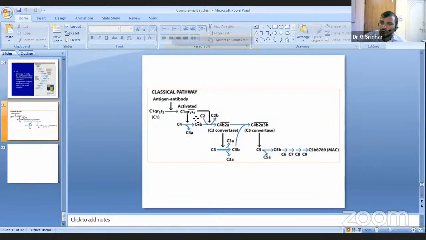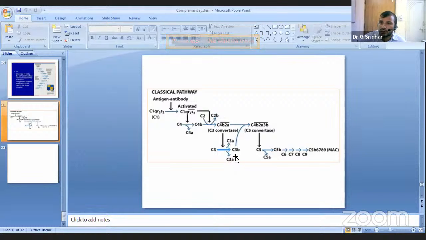Then this C4b and the larger subunit of the C2, called C2a, work as C3 convertase. Now this C3 convertase can split the C3 protein into C3a and C3b.